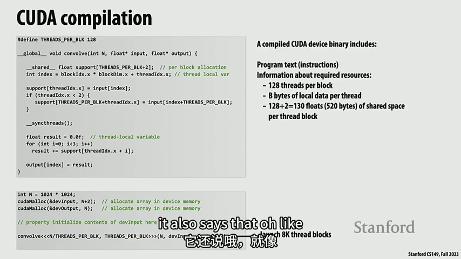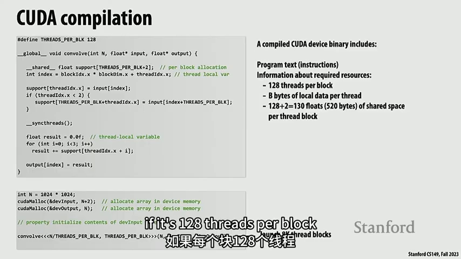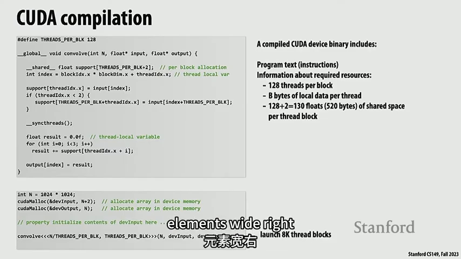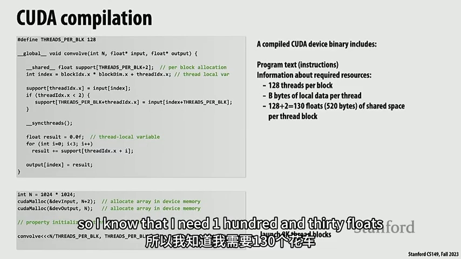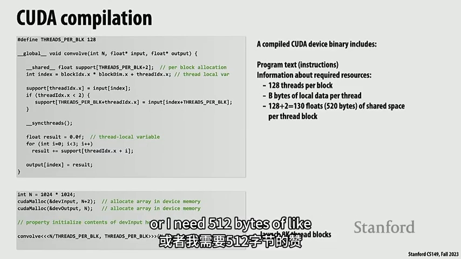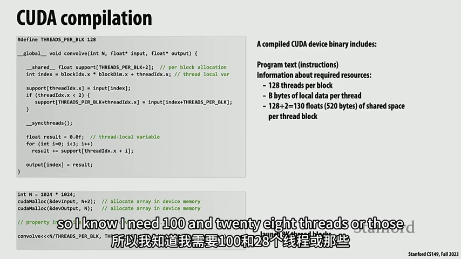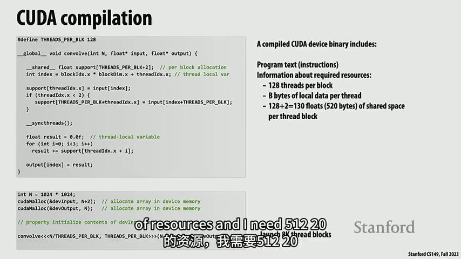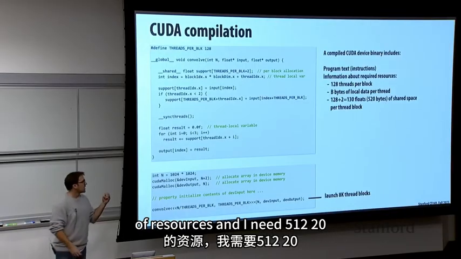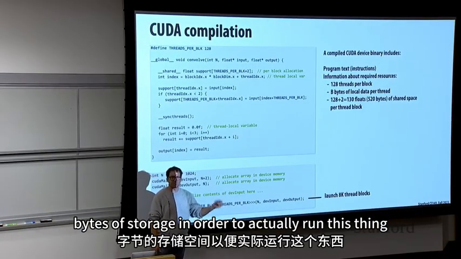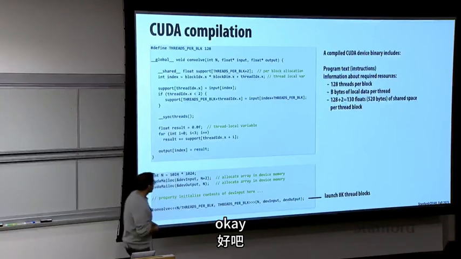It also says that with 128 threads per block, the shared allocation is 130 elements wide, so I need 130 floats, 520 bytes of storage. So I know I need 128 threads' worth of resources and 520 bytes of storage in order to actually run this thing. Okay.